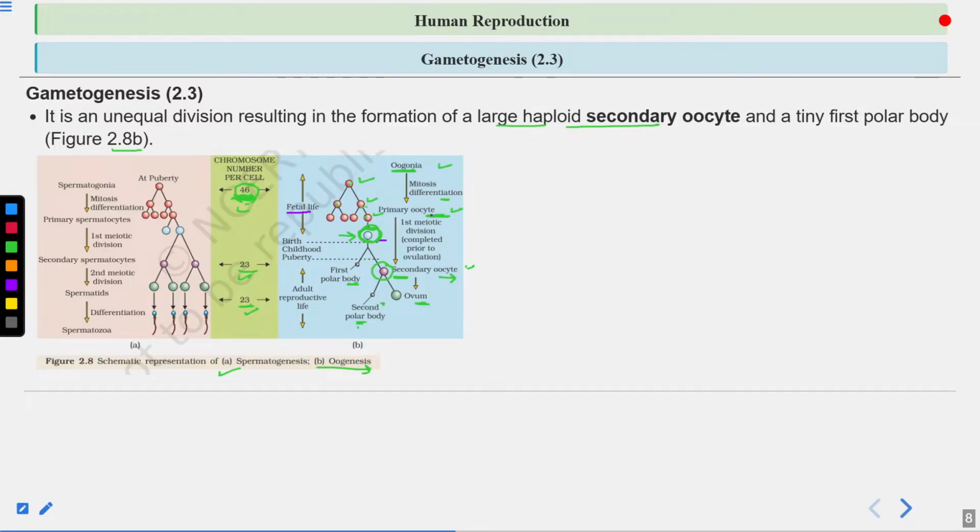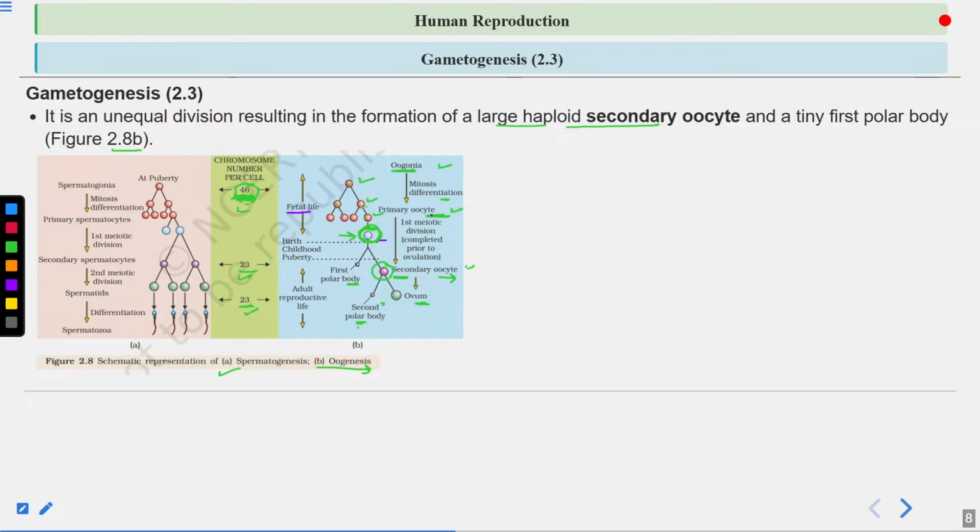This primary oocyte is arrested in prophase 1 of meiosis. Then there is the pre-ovulating stage, when the primary oocyte will divide into the secondary oocyte. Then there is the ovulation phase, when the secondary oocyte will be released due to rupture of the Graafian follicle. And then there will be the fertilization phase. Clear? So you should remember all of this.